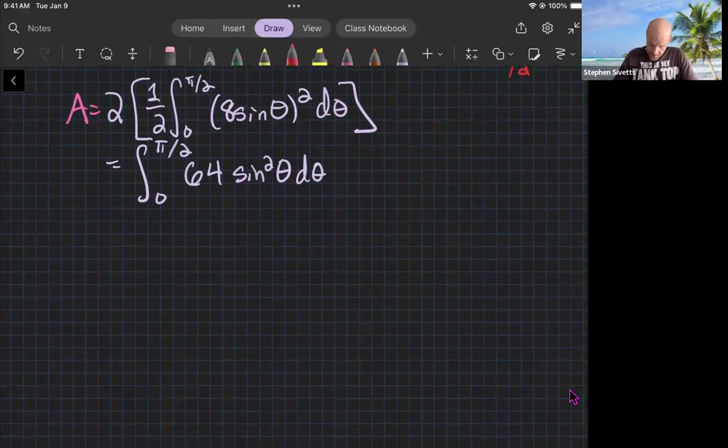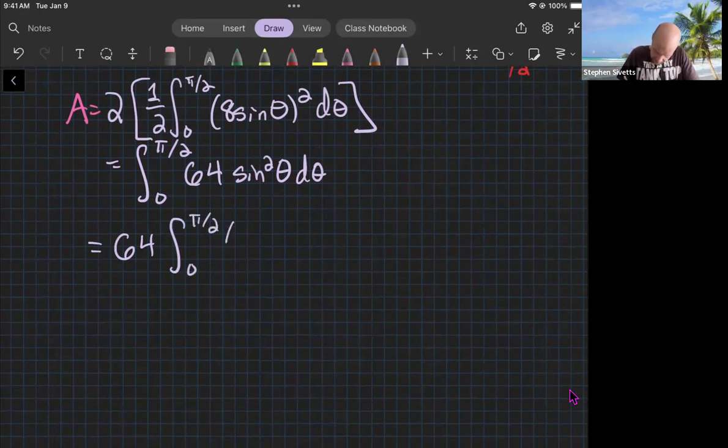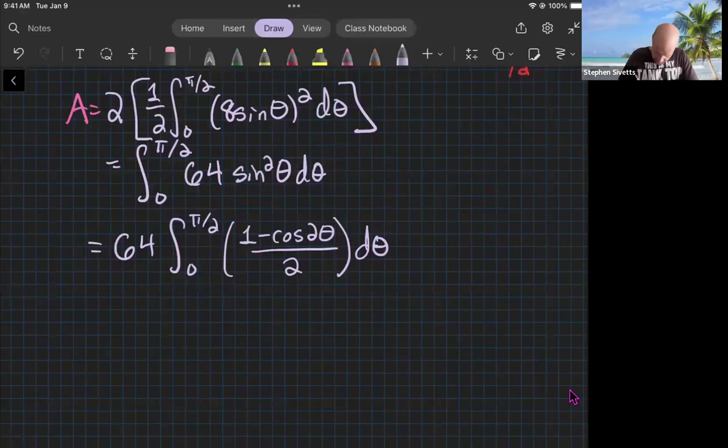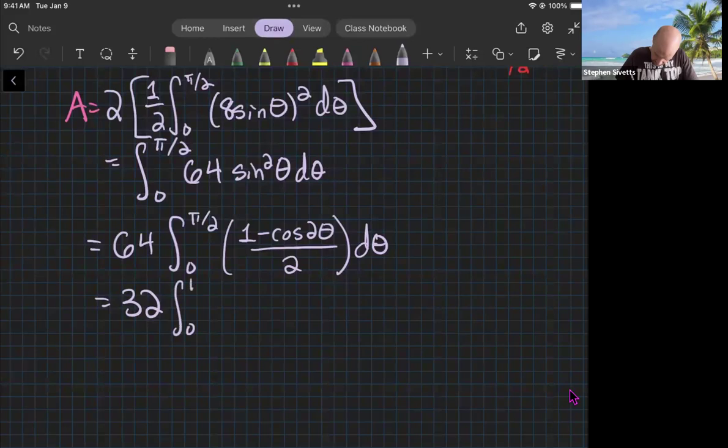And then to integrate sine squared of theta, we're going to use the half angle formula. So this equals 64 times the integral from 0 to pi over 2 of (1 minus cosine of 2 theta) over 2 d theta. And so this equals 32 times the integral of 1 minus cosine of 2 theta d theta.